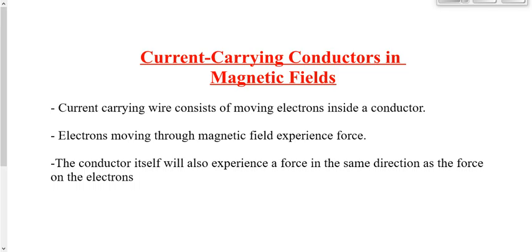But it's not just one electron experiencing the force. Now it's lots of them. Those lots of electrons, as they experience a force in a certain direction, drag the wire along with it. So not only do we get the force on the electrons inside the wire, given by the equation that we learned last week, but we also get the force on the wire itself.